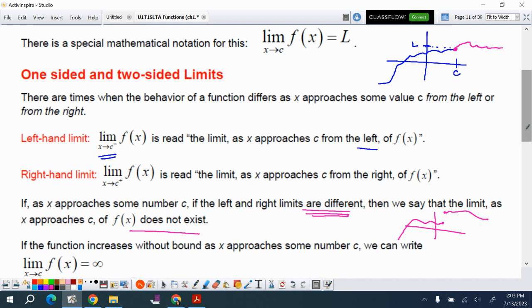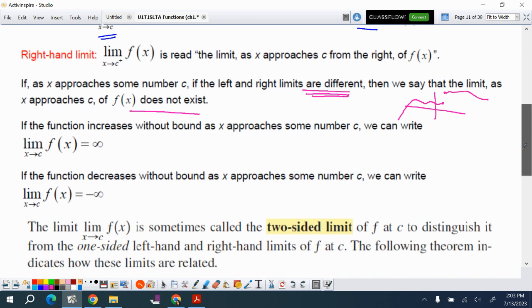So there are three different possibilities. This is one: both sides the same. Second, you come at a different point. And the third one is that it's possible you go to infinity, in other words, a vertical asymptote. If we visualize the graph, x from both sides is going to infinity.